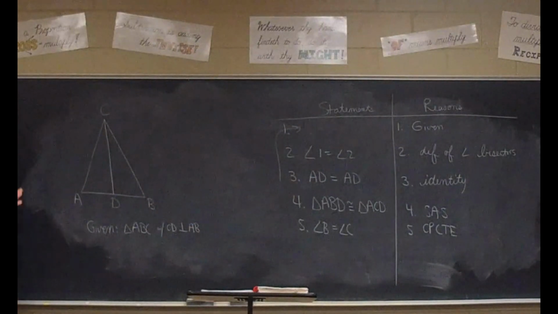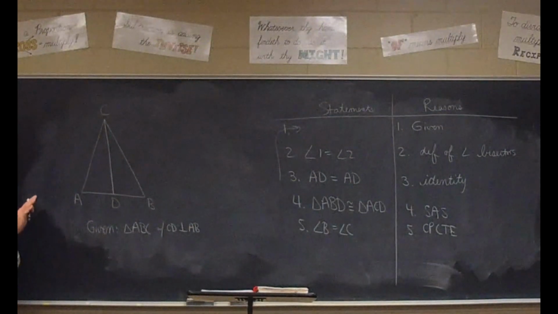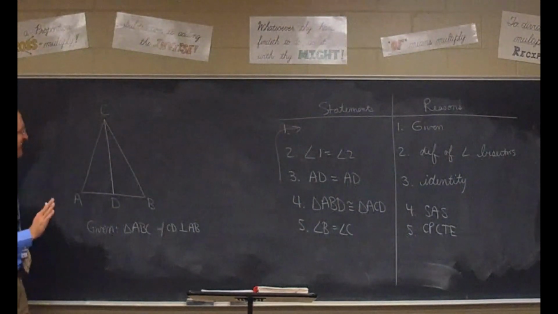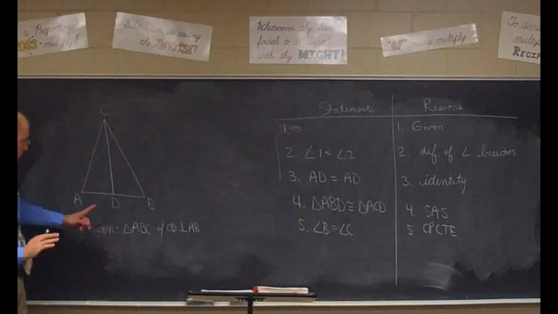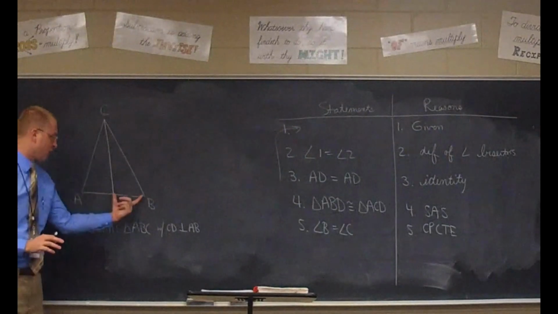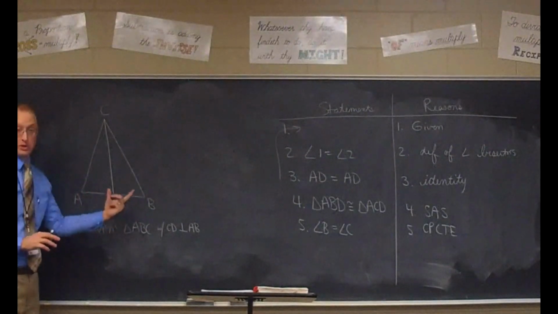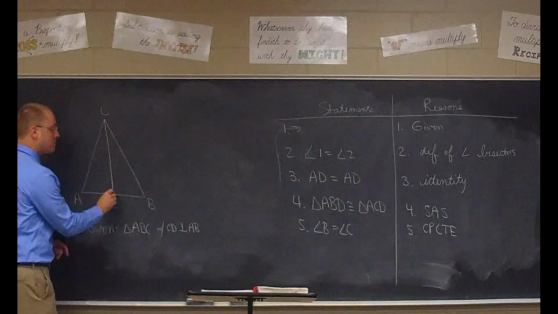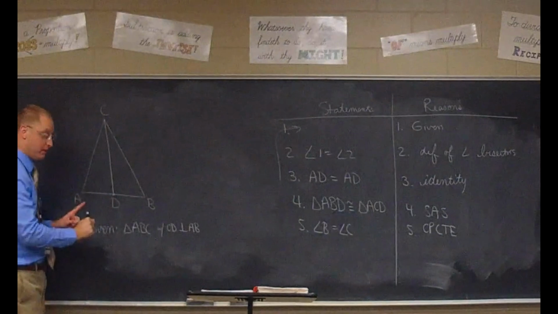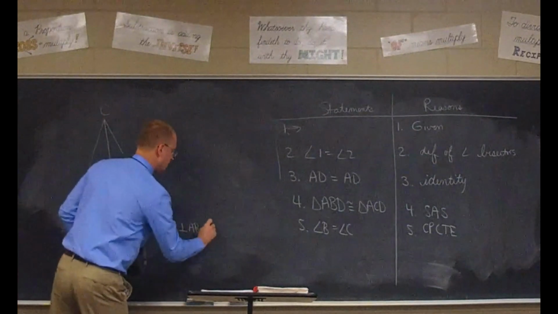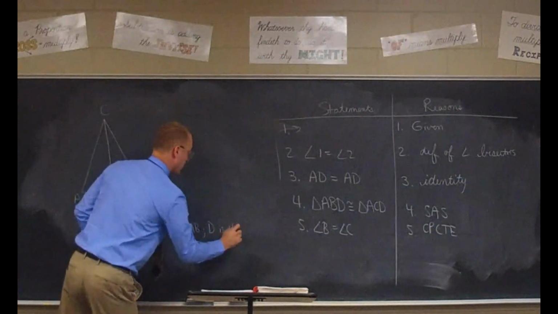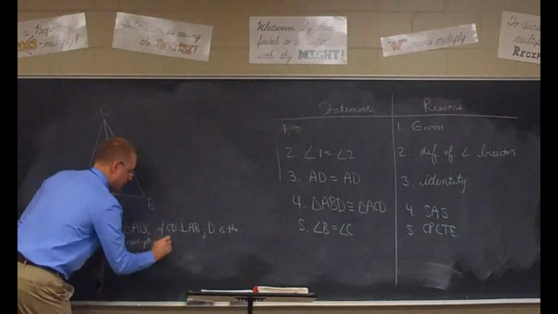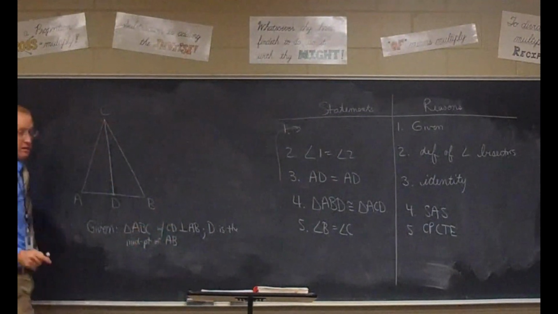Let's suppose also, now I'm not sure that it looks like D is exactly the midpoint or not, but let's suppose for a moment that D is the exact midpoint of AB.